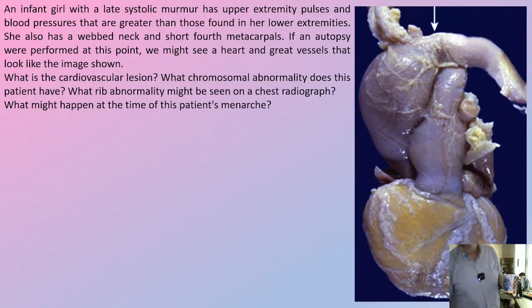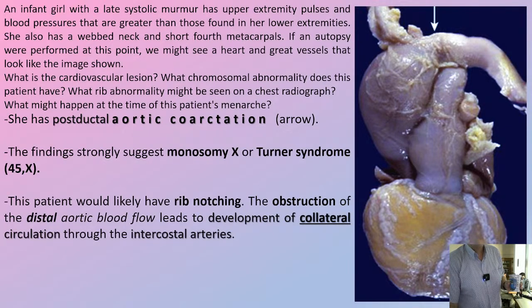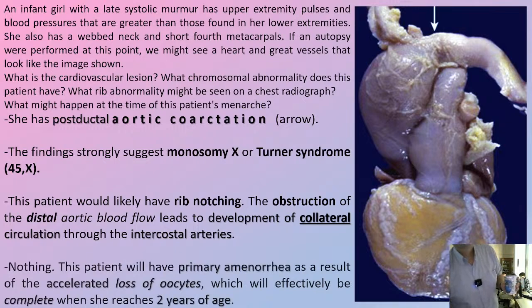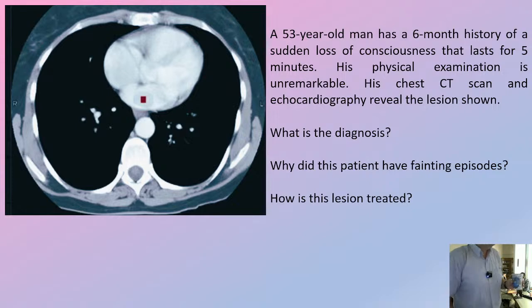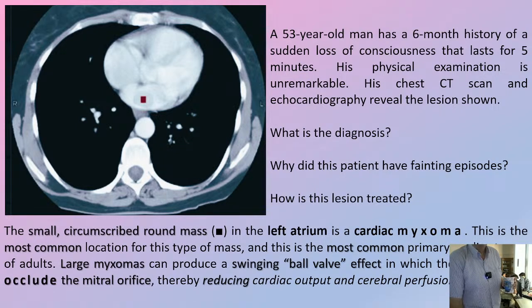This is stenosis in this part of the aorta related to Turner syndrome, all right? Postductal aortic coarctation. And here we had symptoms looking like mitral valve stenosis. However, it was a tumor in the left atrium.